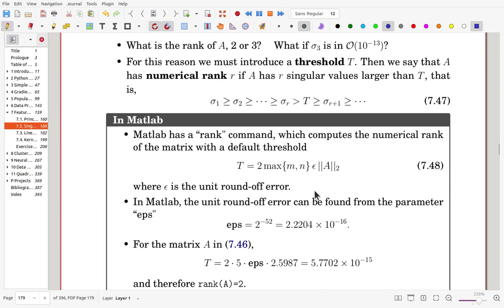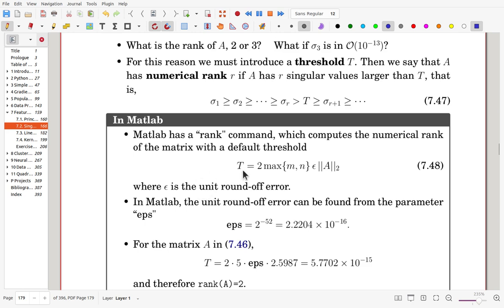In MATLAB, and also in NumPy in Python, which is implemented mimicking MATLAB in many cases, it is the same.